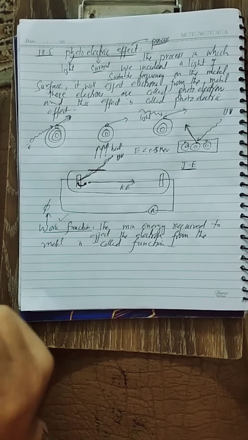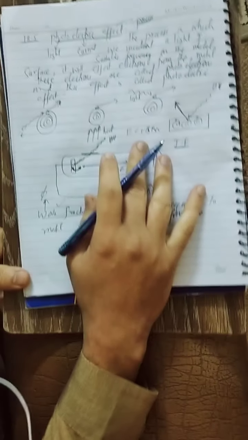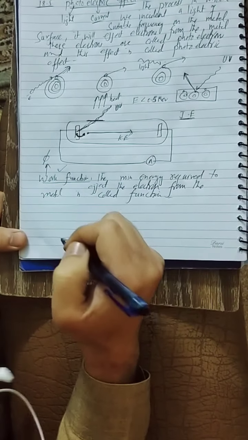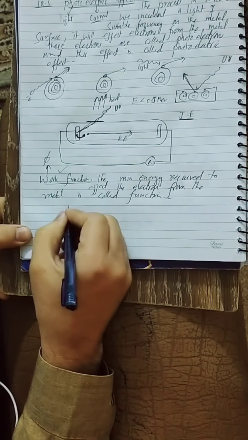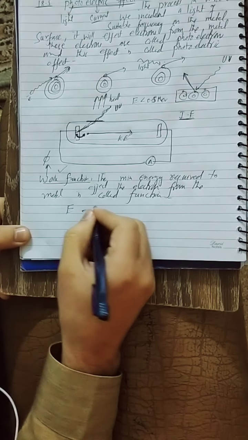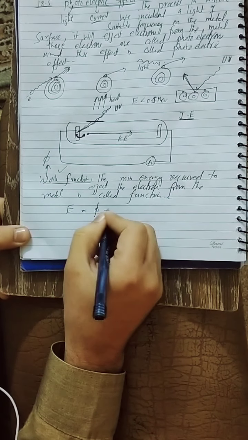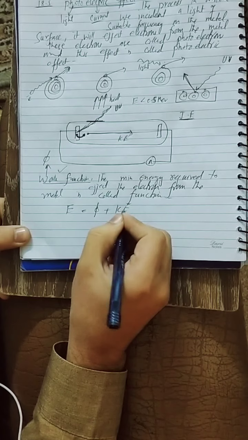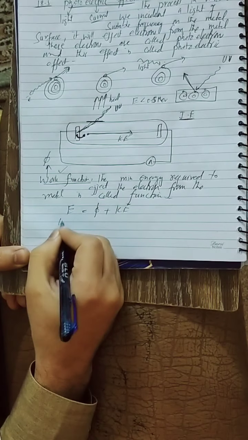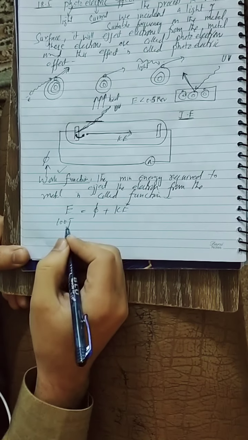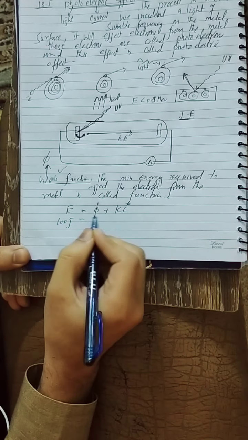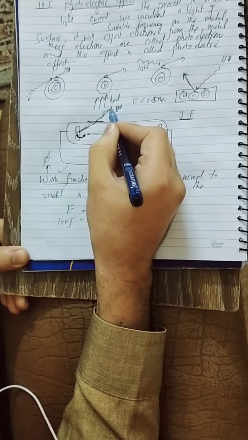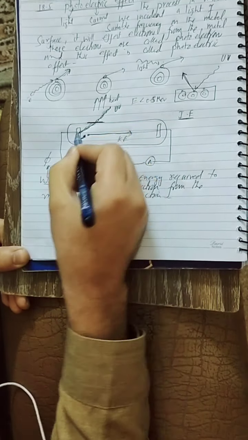Einstein explained this process by this equation, and he got the Nobel Prize for it. He said that the incident energy is utilized in two forms, the work function and the kinetic energy. Suppose we incident an energy of 100 joule on the metal.